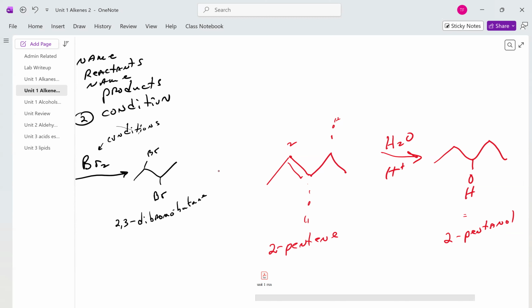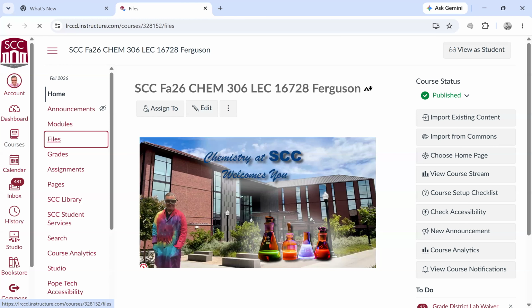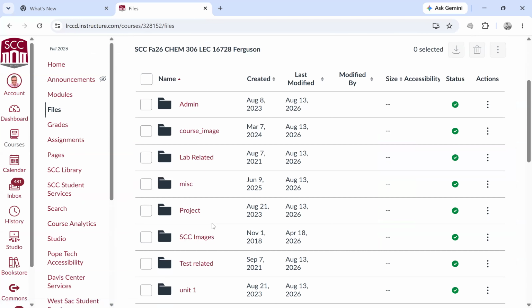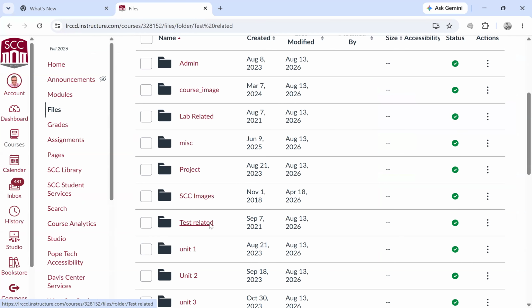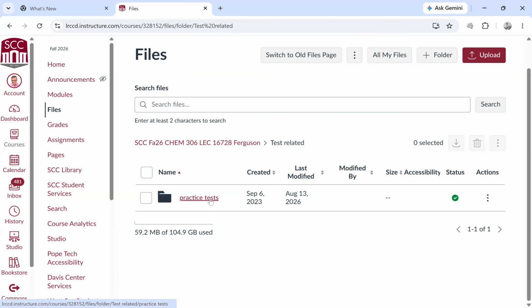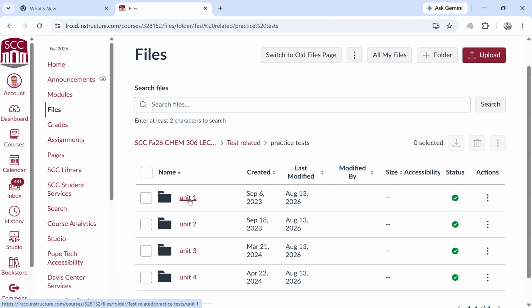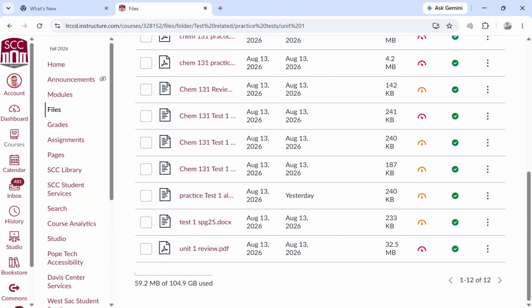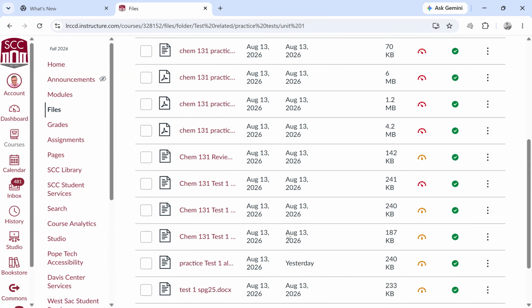In fact, let me show you one other place you can go. If you go to Files and Test Related, you can look at these practice tests. Unit 1 practice tests. And there's a whole bunch of practice tests, 12 of them.